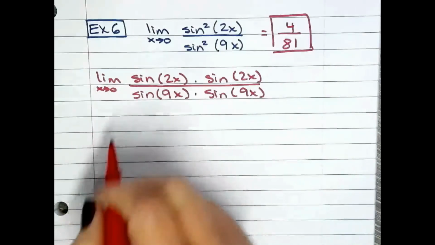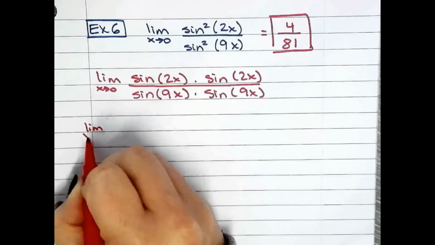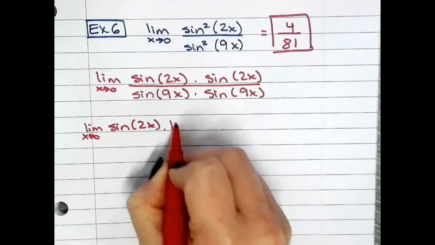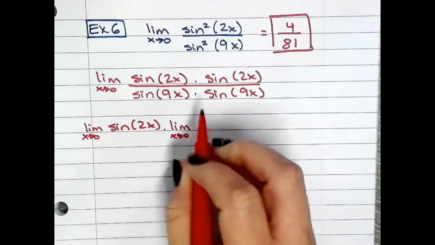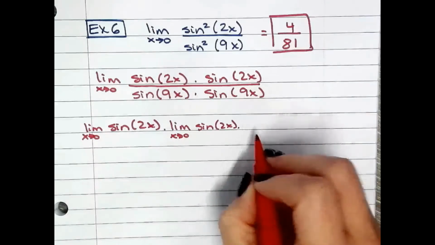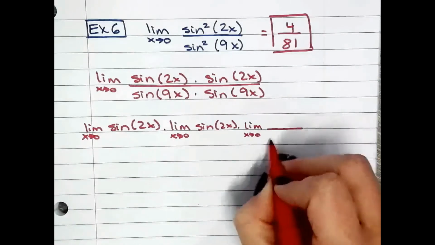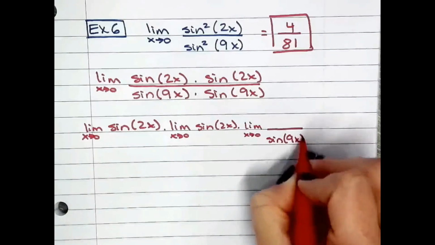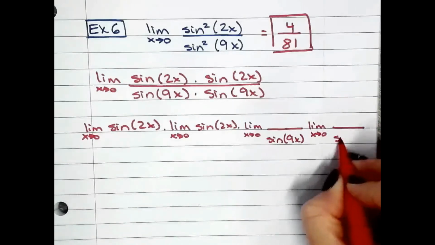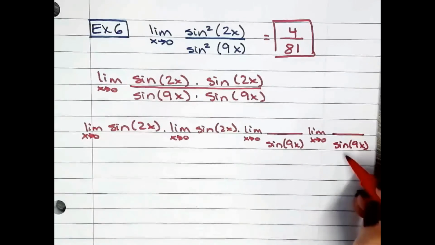And you know everything is limit. So I have the limit as x approaches 0 of sine of 2x, the limit as x approaches 0 of sine of 2x, and then I have the limit as x approaches 0 of something over sine of 9x, and also the limit as x approaches 0 of something over this.